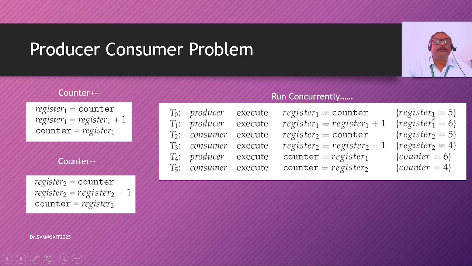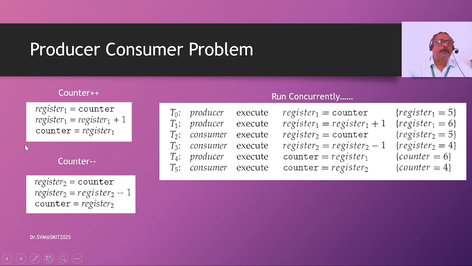So 5 goes into register 1, then at t1 again producer gets a chance, so it executes the second instruction, and register 1 value goes to 6. Then in the third clock the consumer may start working and it reads the counter value.